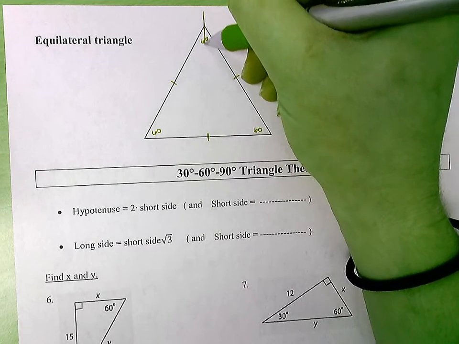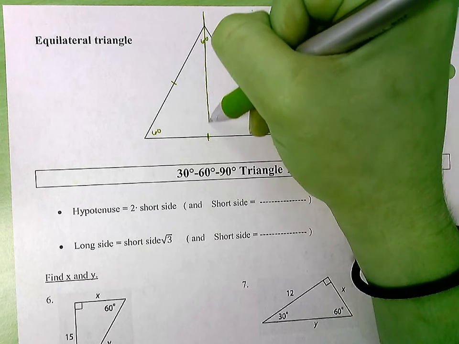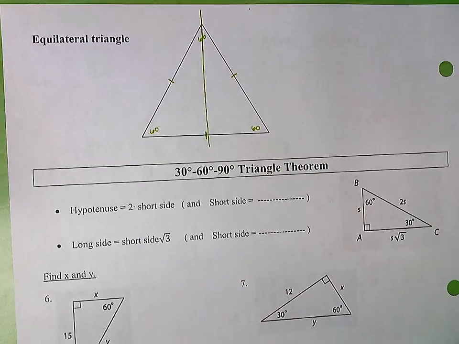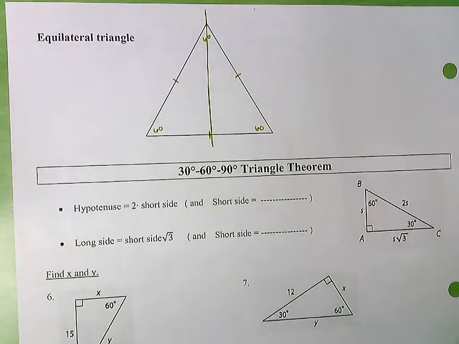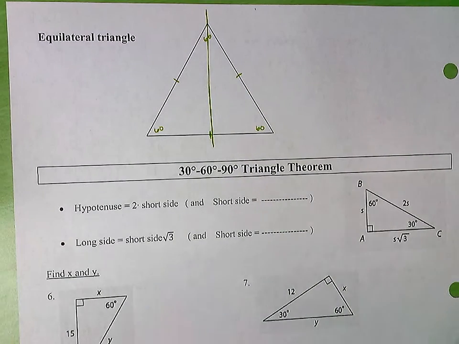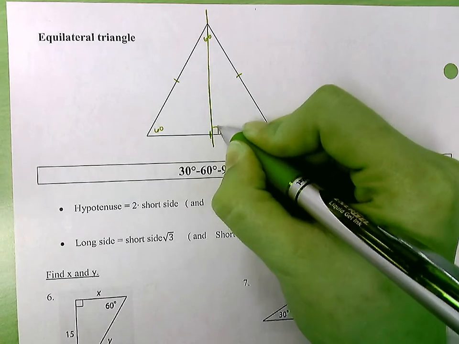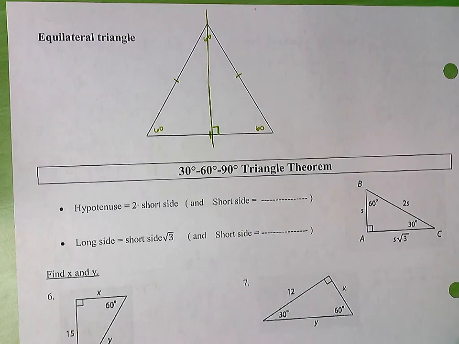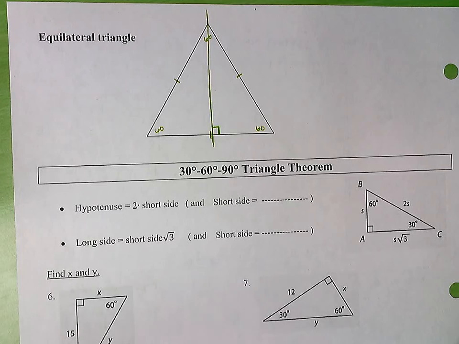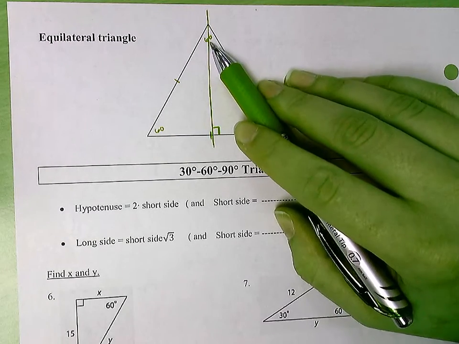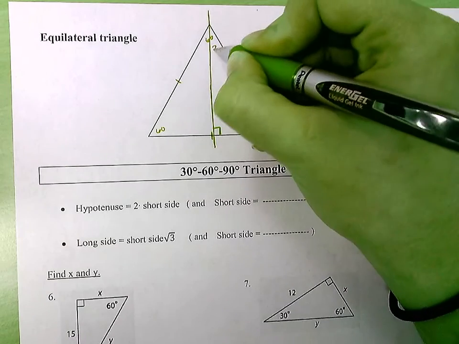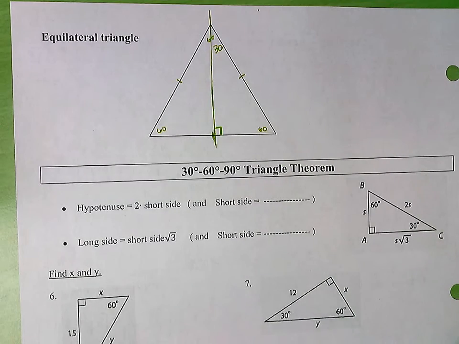Okay, so from the top, straight down. It's a little crooked, but that's okay. Now when I do that, since it is an altitude, it creates this 90-degree angle here. Okay, it also splits this angle in half. So this angle over here will be 30.